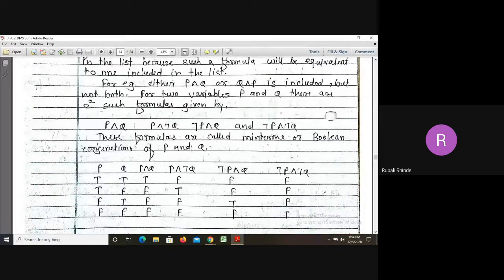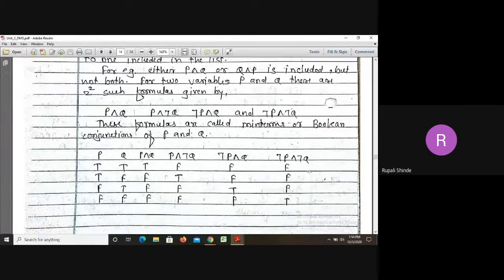Now check here, we can form a truth table for all these minterms. The variables are P and Q. Then the minterms are P and Q, P and negation Q, negation P and Q, negation P and negation Q. If you form a truth table, you can see that each and every minterm has its own sequence of truth values.